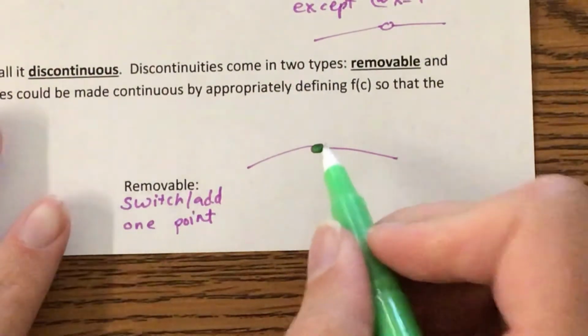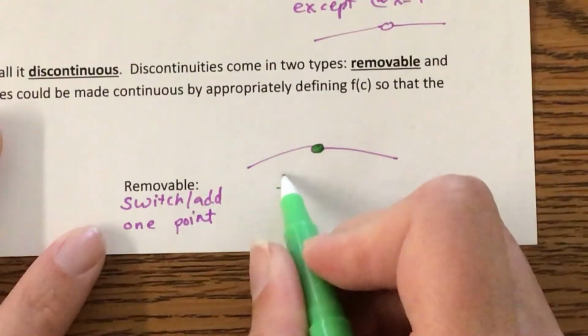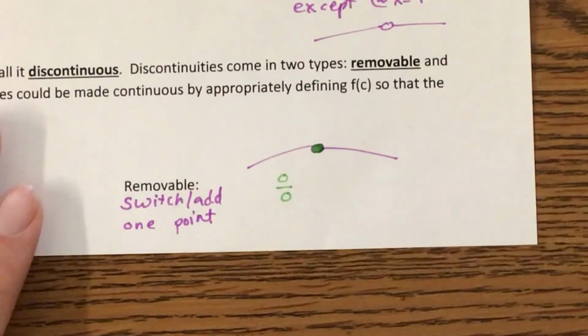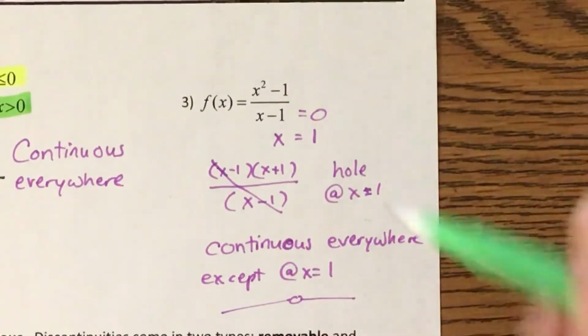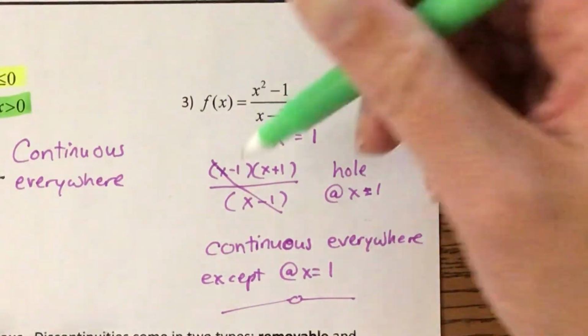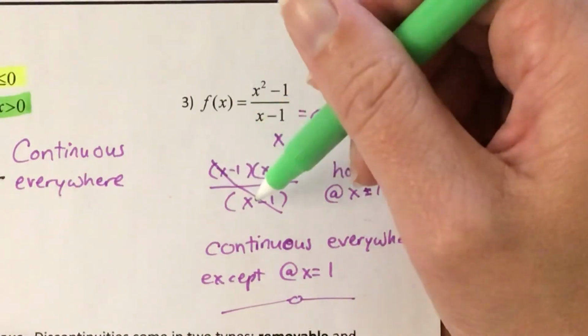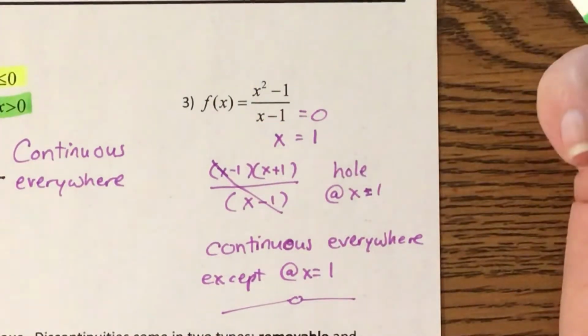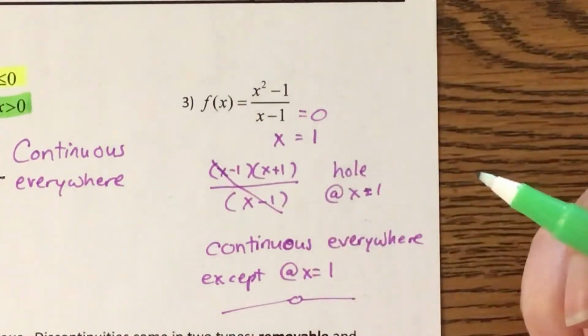Also, remember how when there's holes in the graphs, you end up with like a 0 over 0? And like we did on number 3, anytime there's a hole, there's a factor that you can cancel. You can cancel or remove the factor from your fraction.